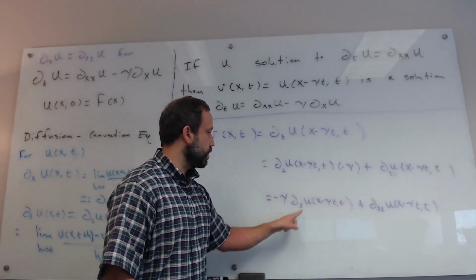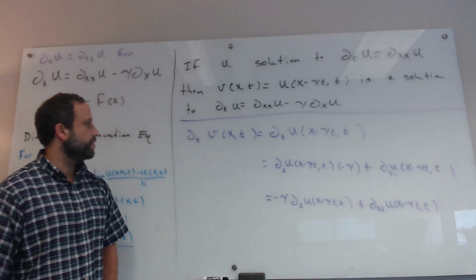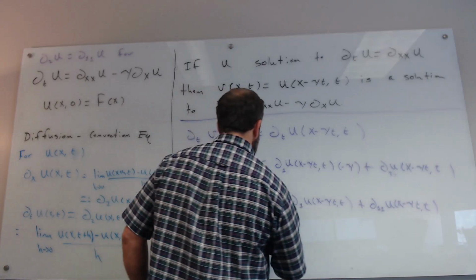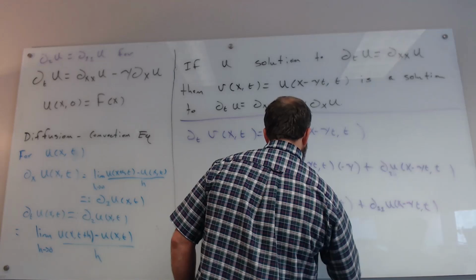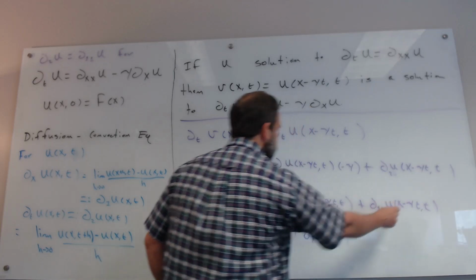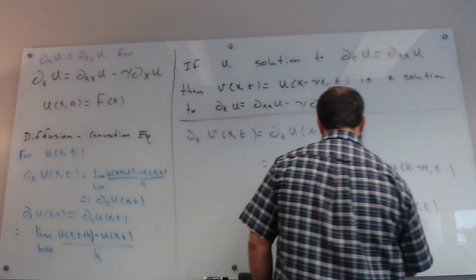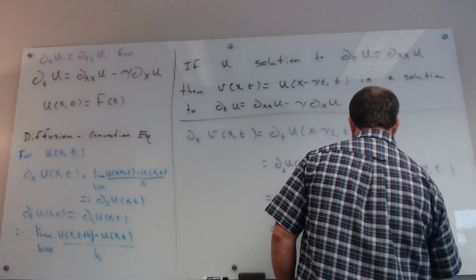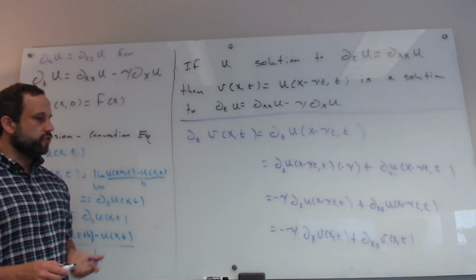The derivative in the first component of u of x minus gamma t is equal to the derivative in the first component of v, which is the x derivative of v. So this is equal to minus gamma times the x derivative of v, and then similarly this is the double x derivative of v. So this is going to be plus the double x derivative of v. Think through that last part using this terminology.